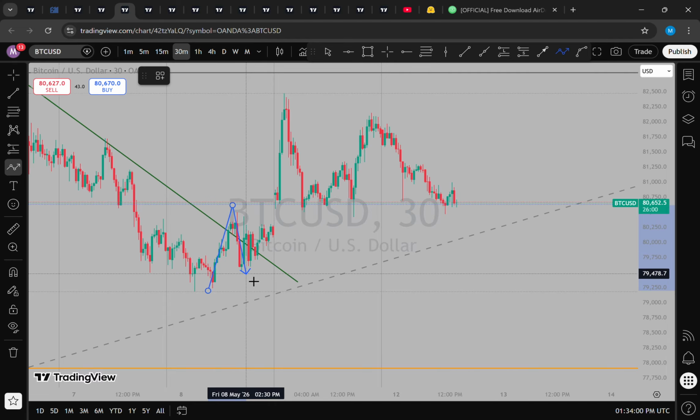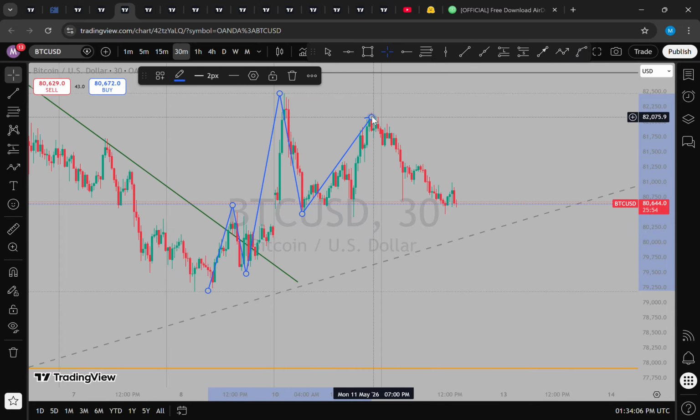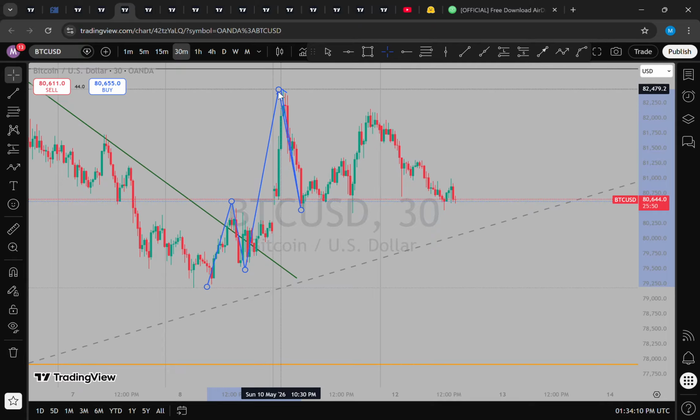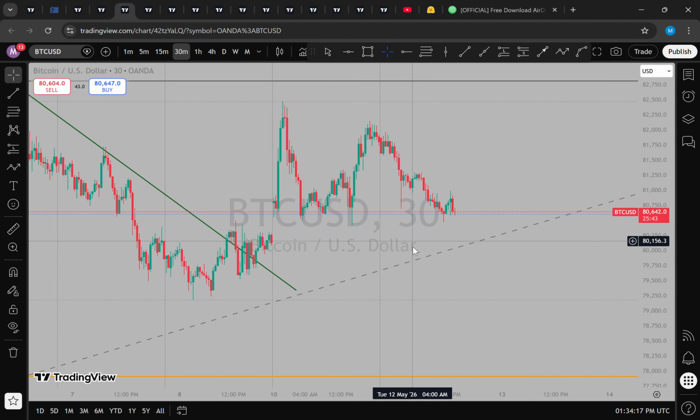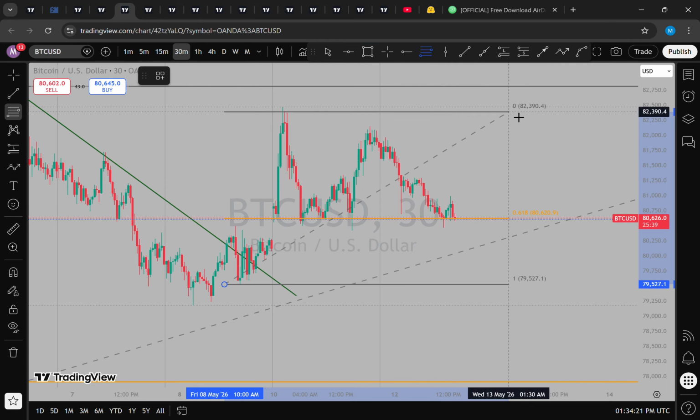Here, higher low, higher high, higher low. It is refusing to break this high to make a new higher high. But we work with range. Currently, our current range is not this.